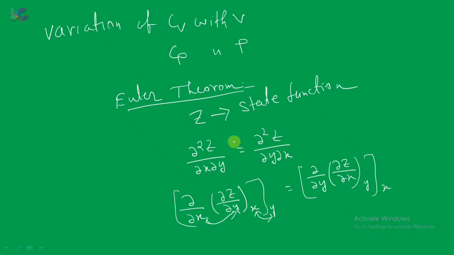Now we will use this property of state functions and Euler theorem when we see the variation of Cv with V and Cp with P.